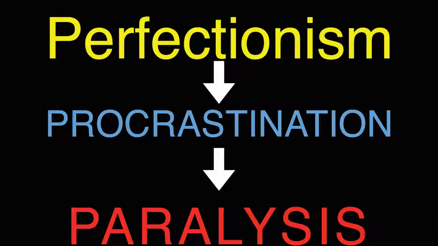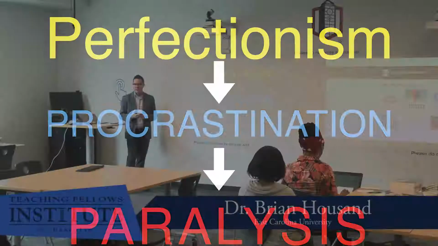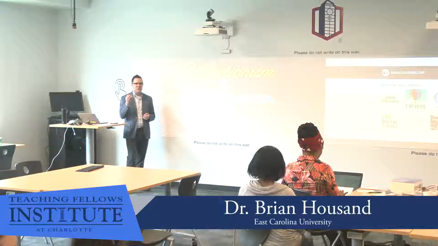If we don't break that pattern of procrastination, it can ultimately lead to paralysis in the students, so that they are so afraid of making a mistake that they will never even begin something.